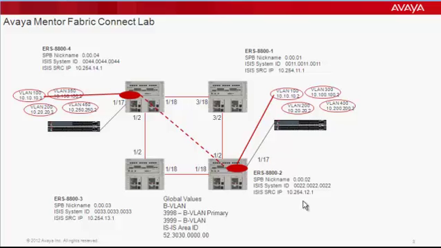As we also saw in previous videos, ERS 8802 had two ISIDs associated with it, ISID 1000 and ISID 2001. We are going to be establishing a connection on ISID 1000, which will interconnect VLAN 100 end-to-end across the network infrastructure.